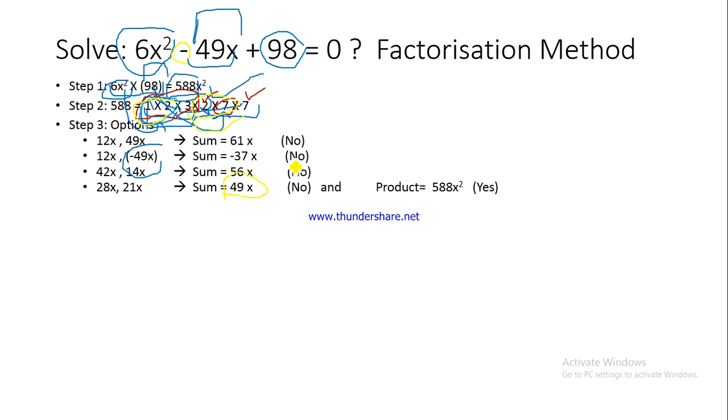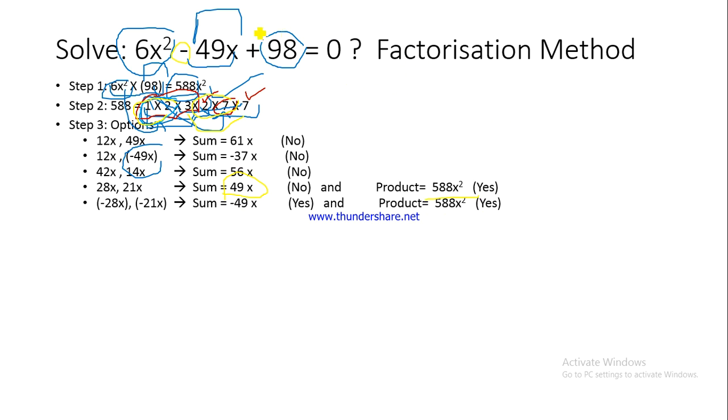So you are not going to stop here, you are going to proceed further. See the product again, the product will be 588x square, because after all we are taking the factors of 588 only. So now we have to somehow think of an option in which we will get the sum as minus 49x, right?